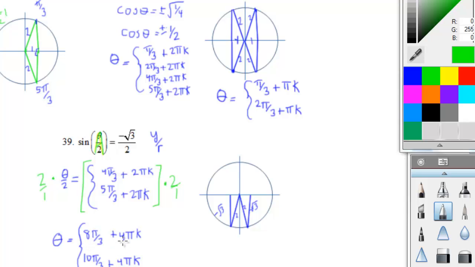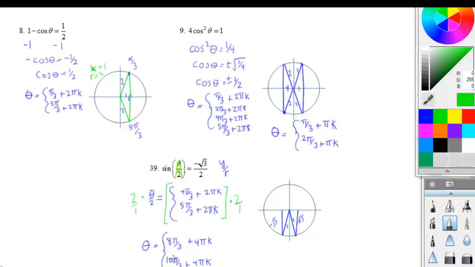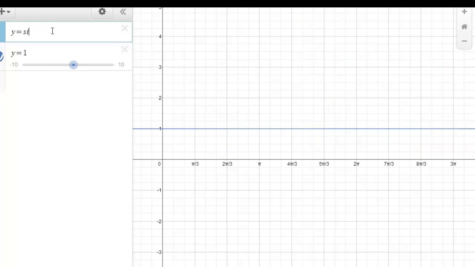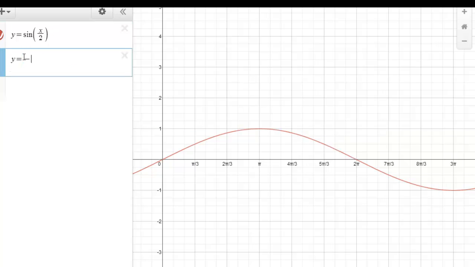Okay, so let's check to make sure that this works in Desmos and that you can see these solutions. I think this part is really cool. So we want to see, this is question 39, so sine parenthesis x divided by 2 and negative square root.